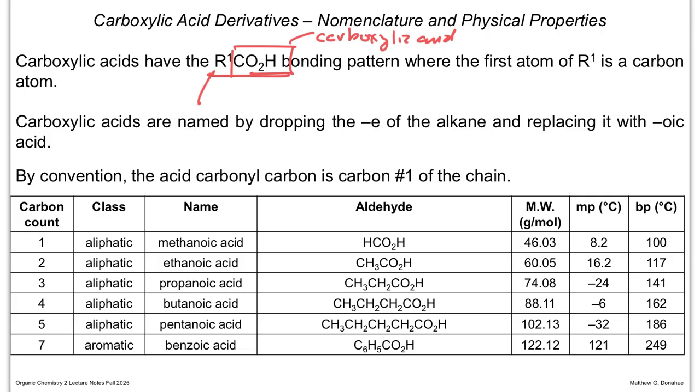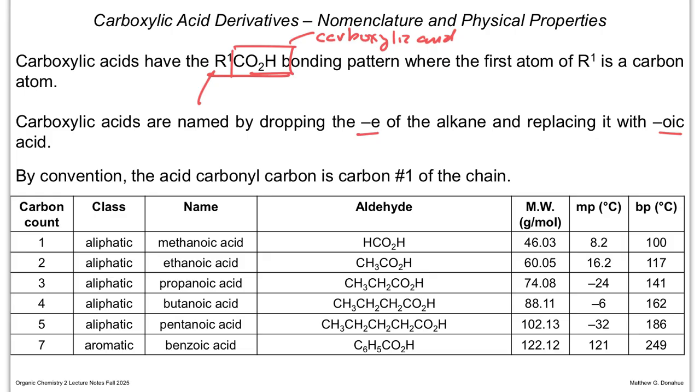Once you identify the longest carbon chain bearing the acid group, you drop the E and then add OIC in the word acid for the nomenclature. I've listed the first linear ones with saturated side chains, and then one aromatic carboxylic acid.